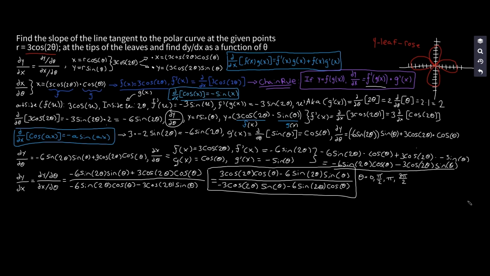Well, I don't know if I have room. That's okay. Think about the unit circle. We've got 0, pi over 2 up top. That corresponds to the tip here of the line. We've got pi over here, and we've got 3 pi over 2.